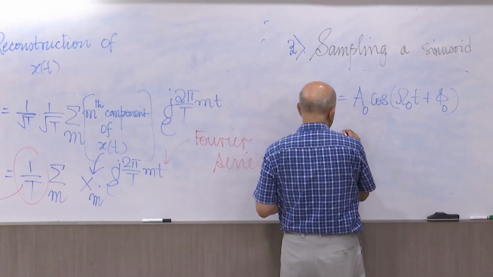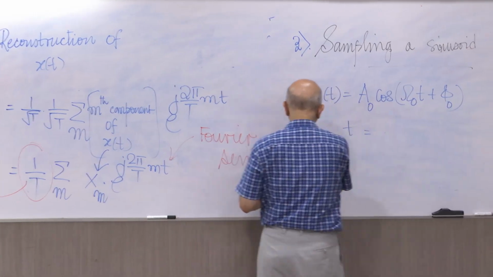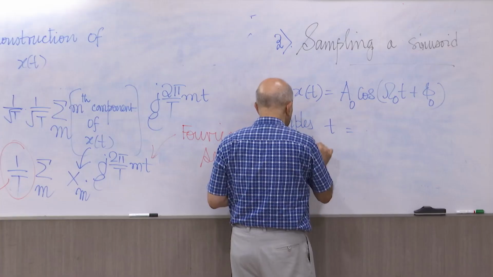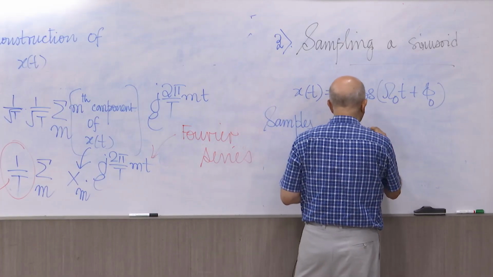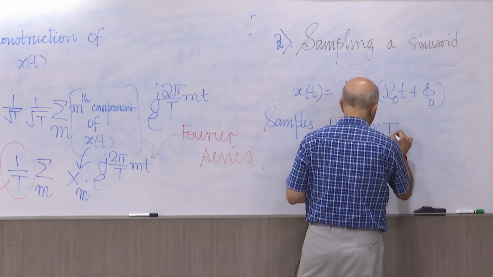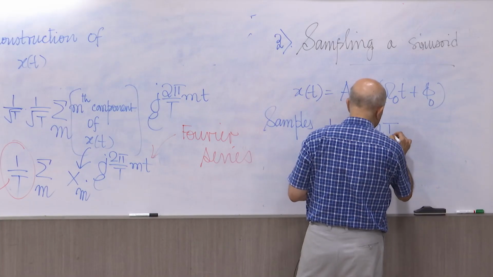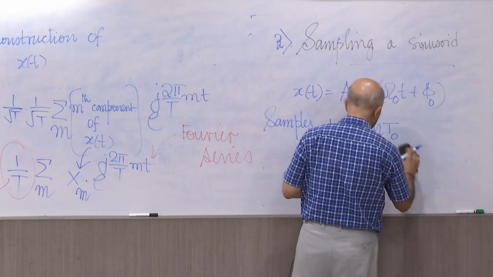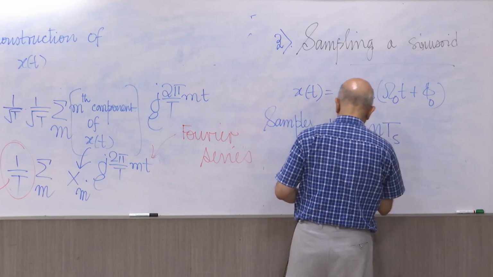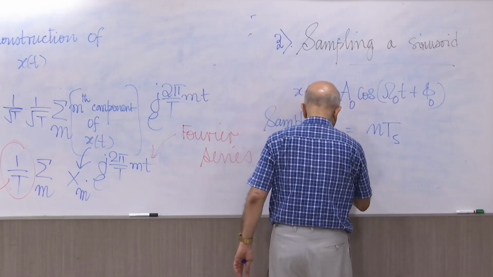Let's say t equal to n times Ts, where Ts is the sampling interval.